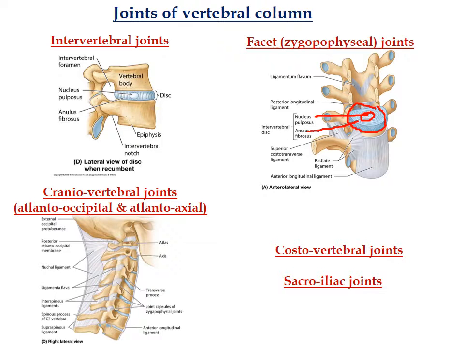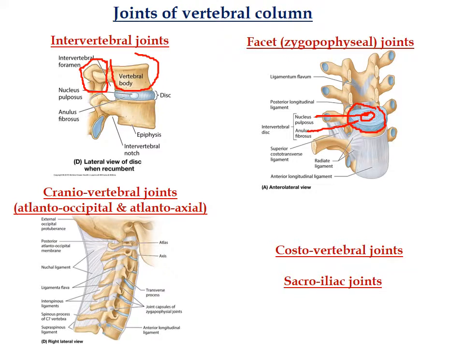The vertebral arch has the spinous process, transverse process, pedicle, and superior and inferior facets. Then this is the vertebral body, in the lateral view.